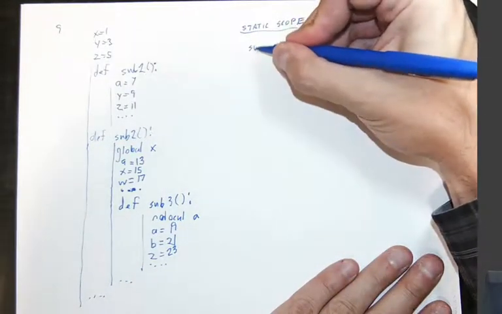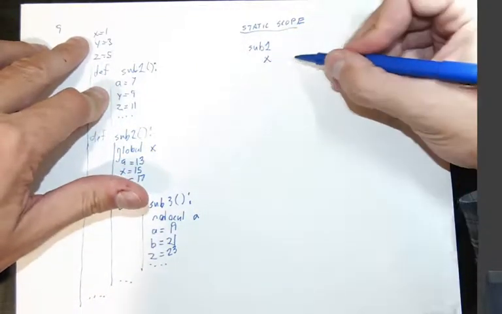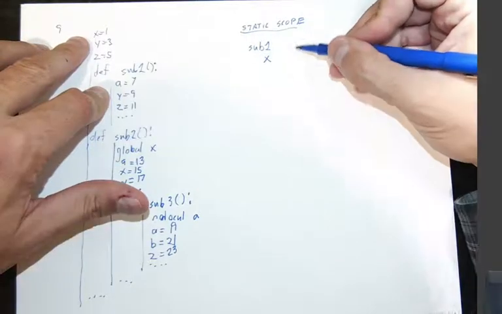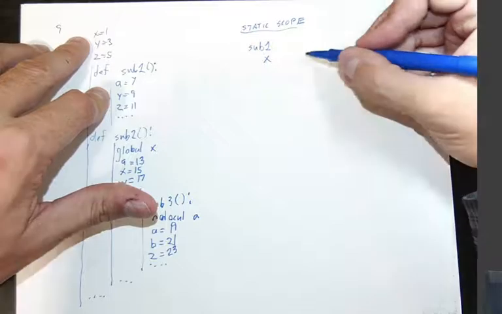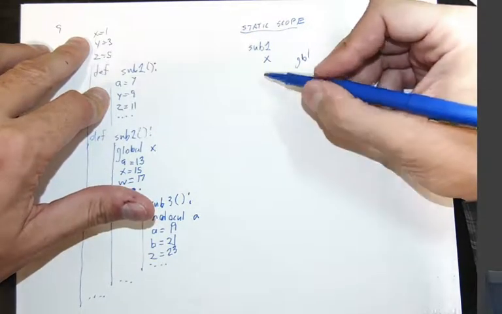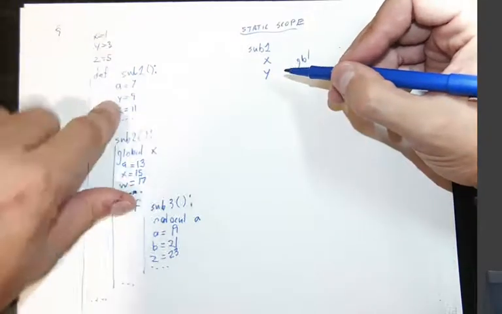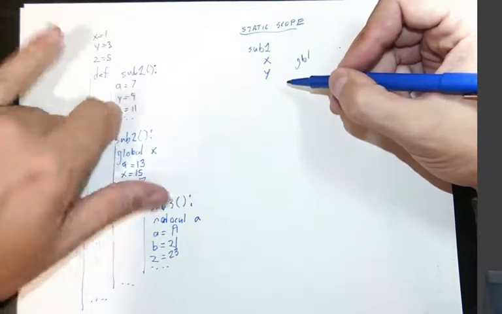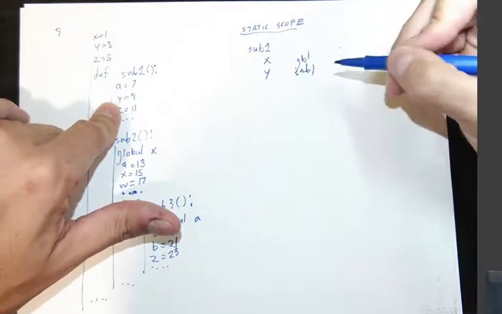say, sub1. Okay, so in sub1, we can see x, which is declared at the top level, so it's global. We could use the word global there, right? And we've got y. Y was declared in sub1, and so that's going to shadow the global one. So this is declared in sub1.